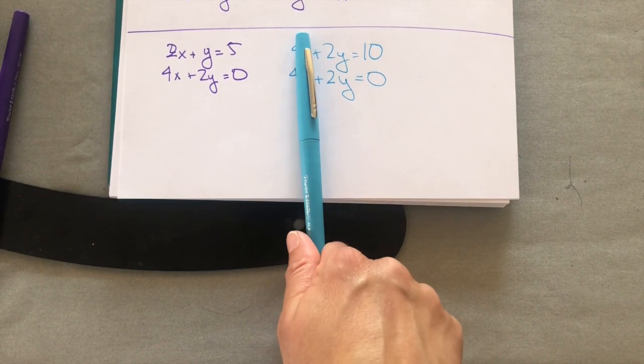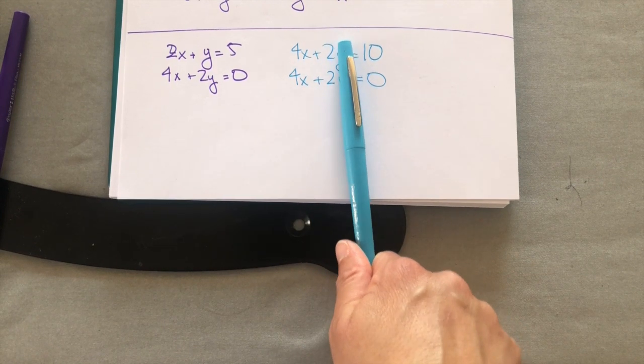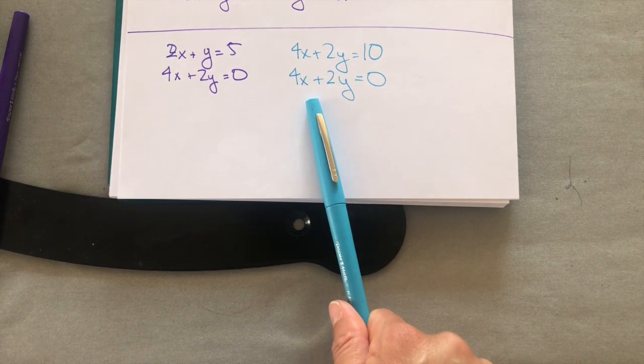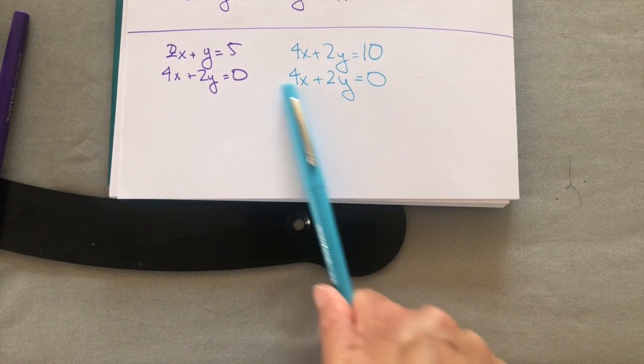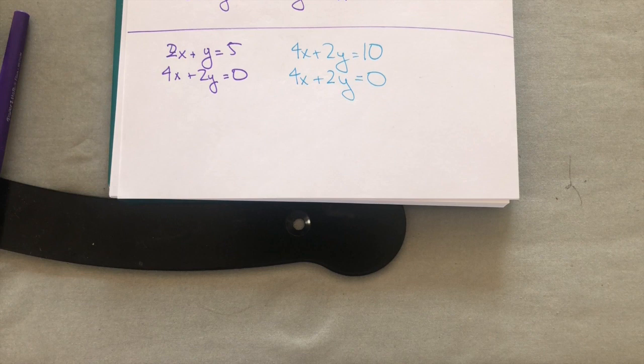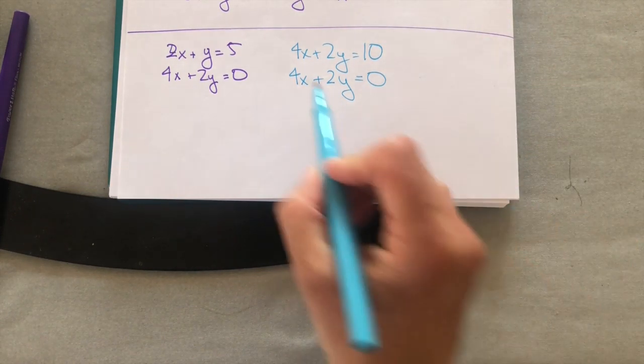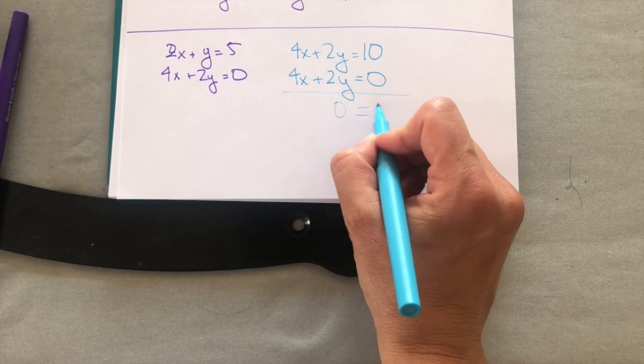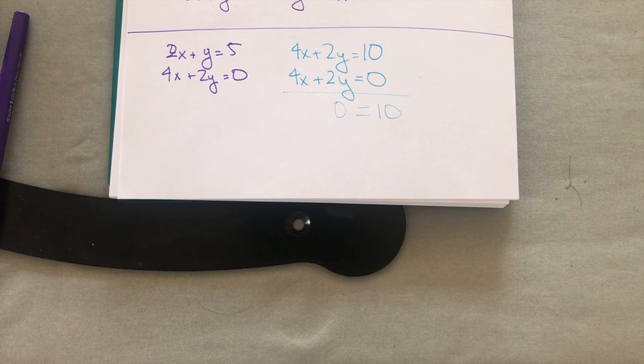And if these x values and y values are the same, there's no way that this can equal 10 and simultaneously equal 0. So we know here we have a system without a solution. And indeed, if I solve it by subtracting the bottom one from the top one, I get 0 equals 10, which is obviously not true.